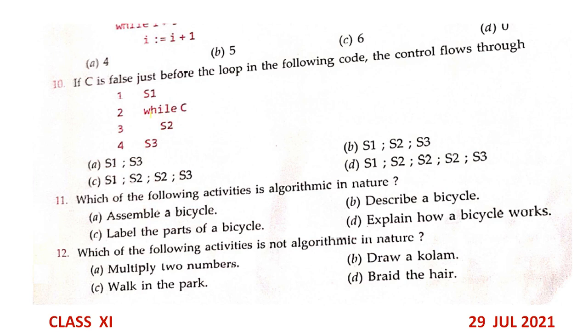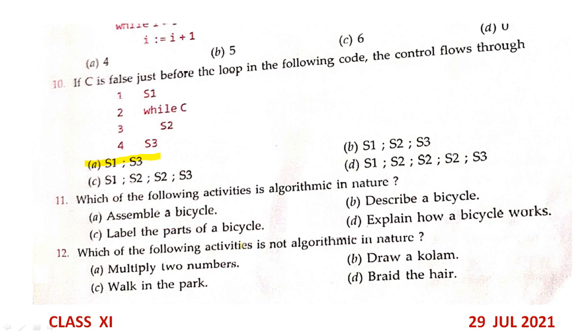If it is not true, it comes out of the loop. Therefore, first it will execute S1 and straight away S3. It will not go to S2 at all because C is false. If C is true, then it will go to S2. It is not true, so the only available option will be A. It will execute S1 and S3.